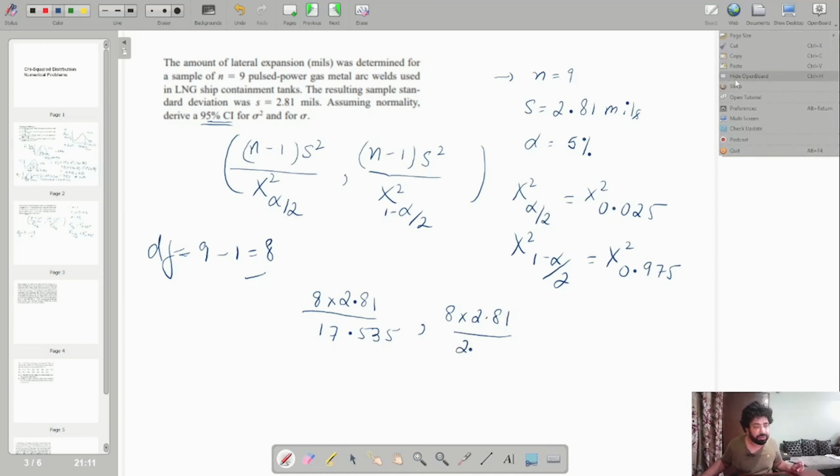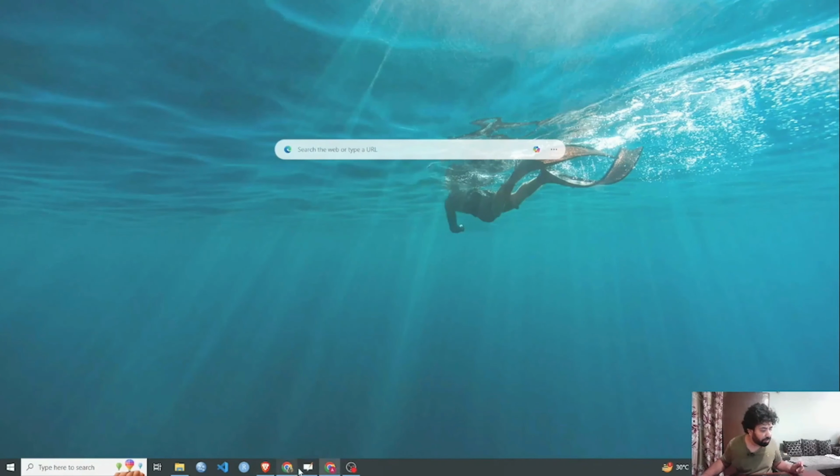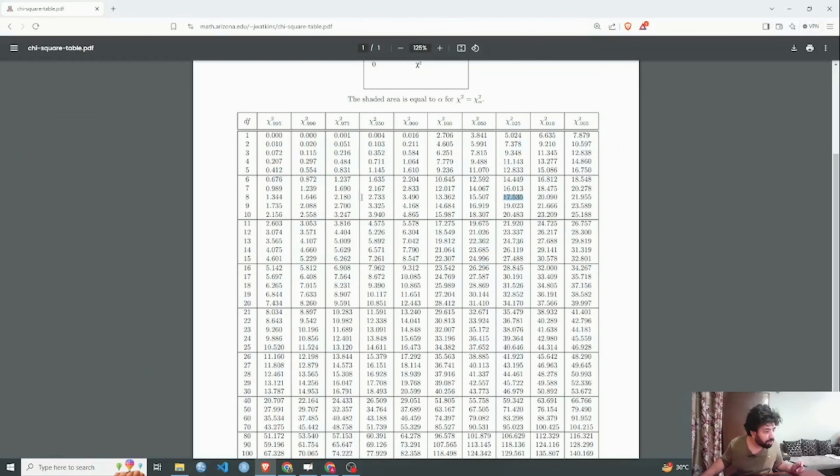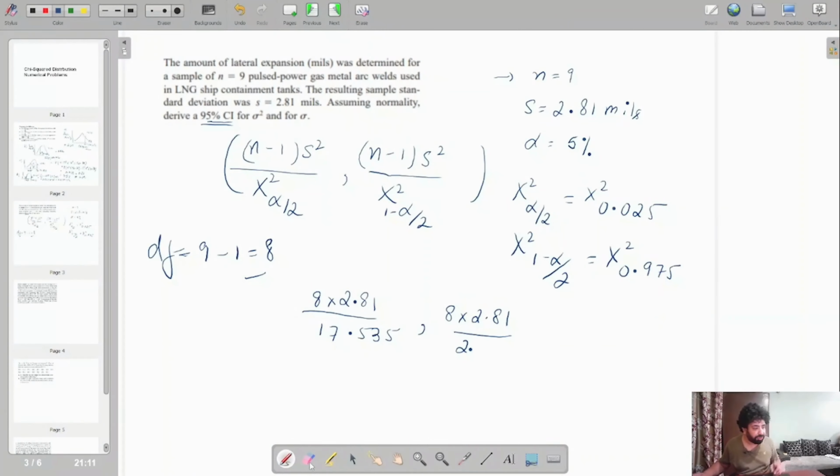I just forgot this one. So this was 2.18. All right, so once you solve this you will have your limits.